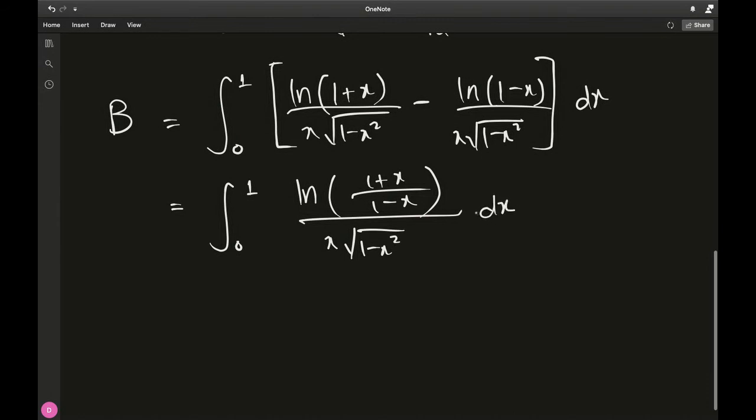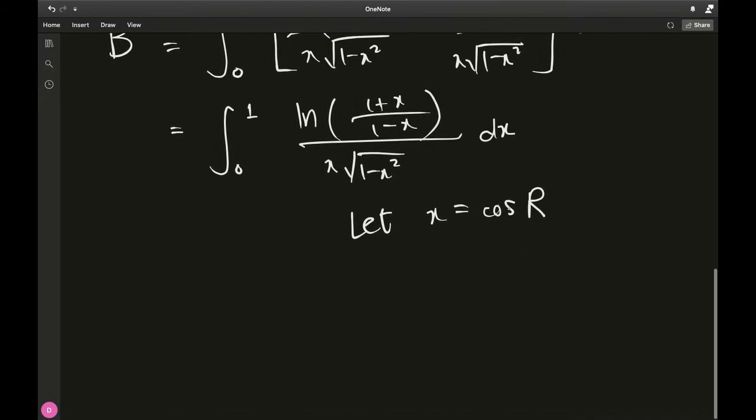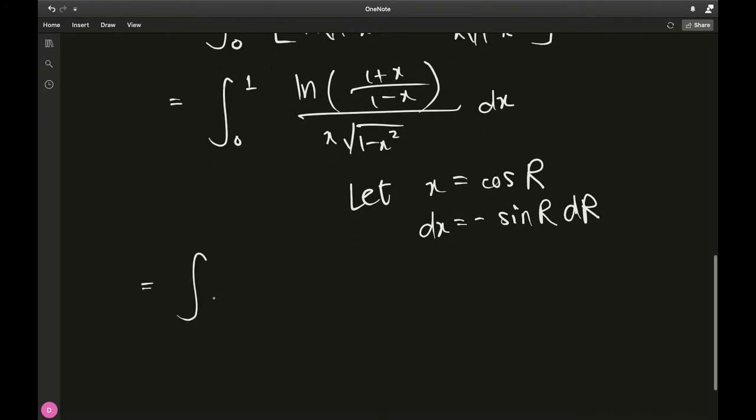And now I would like to use some classic trigonometric substitution. Let x equal, say, cosine of capital R. I'm running out of variable names for angles. So dx is negative sine R dr. So when is cosine 0? At pi over 2. And when is cosine 1? At 0.